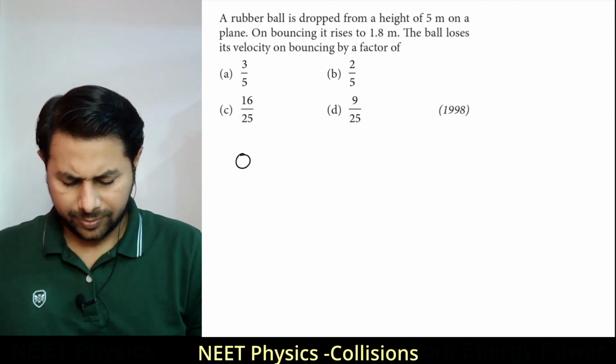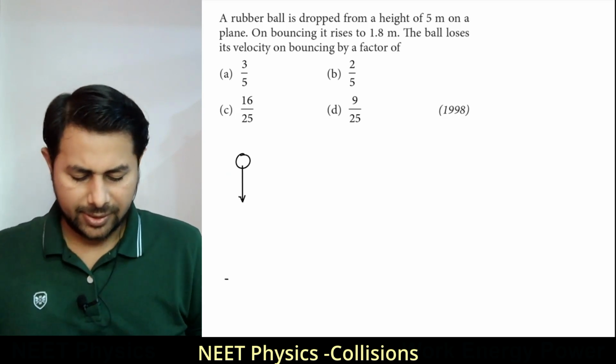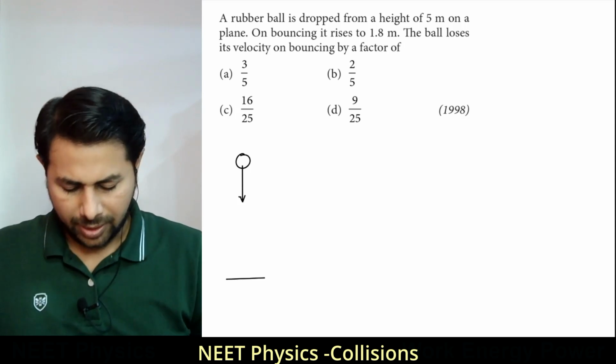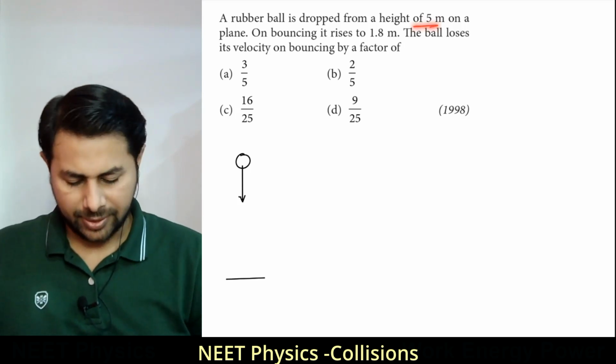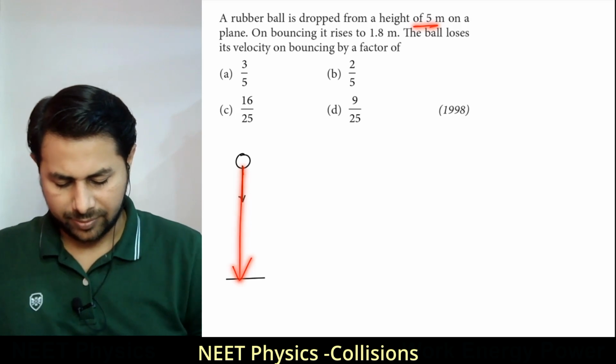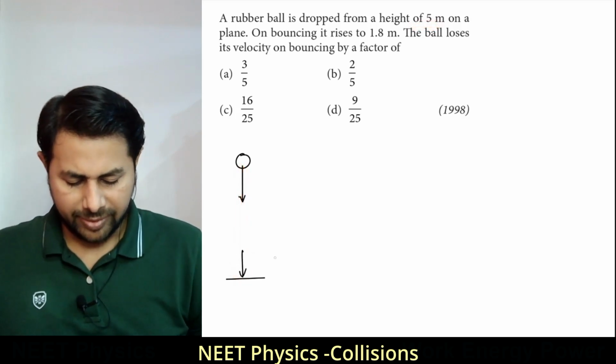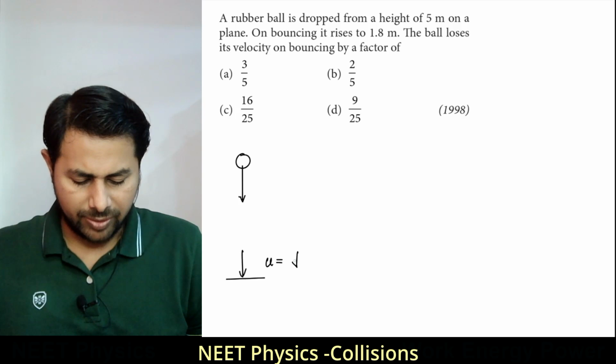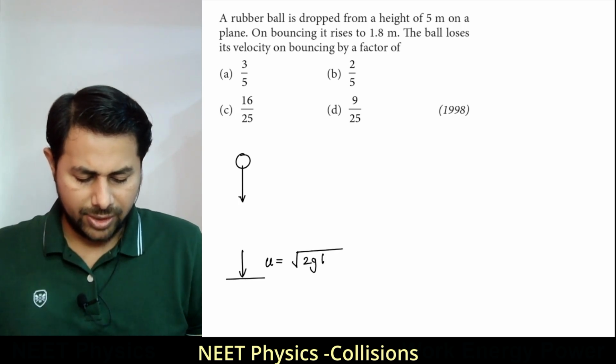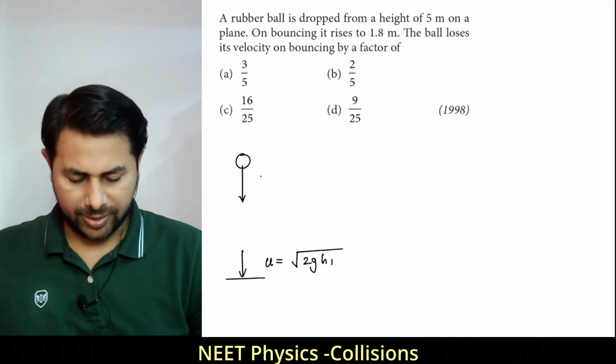Now this is a very simple one. The ball falls from some height, 5 meters, on the floor. So it hits with some velocity, let's say u. u is equal to the square root of 2g h1, where this height is h1.